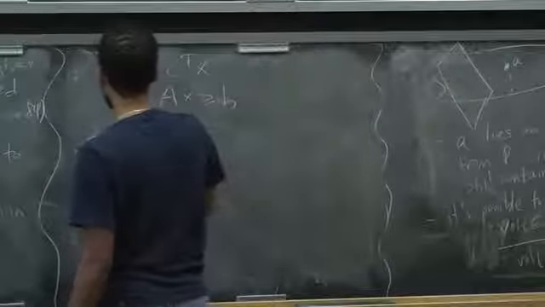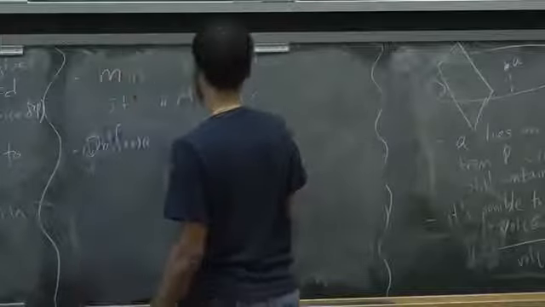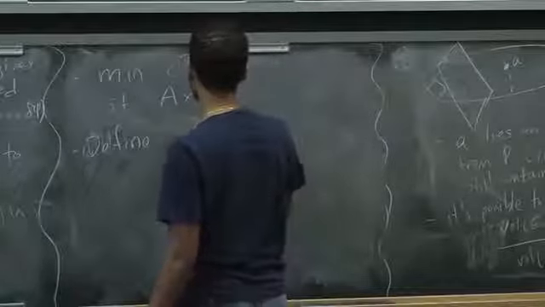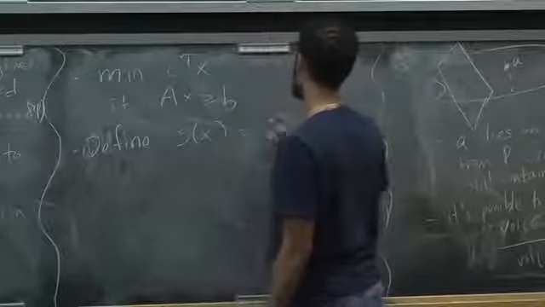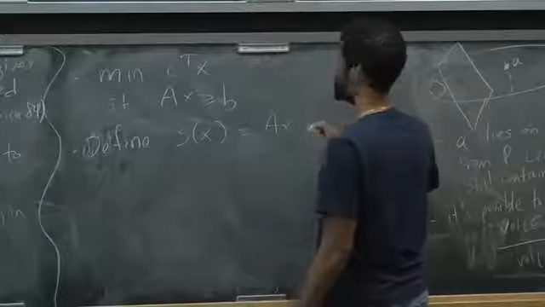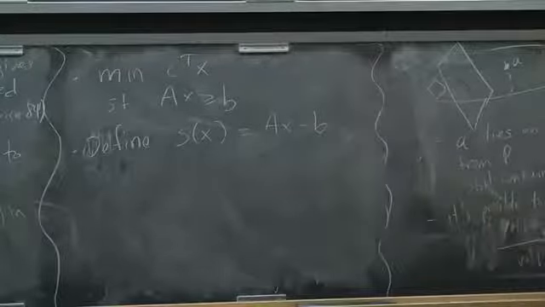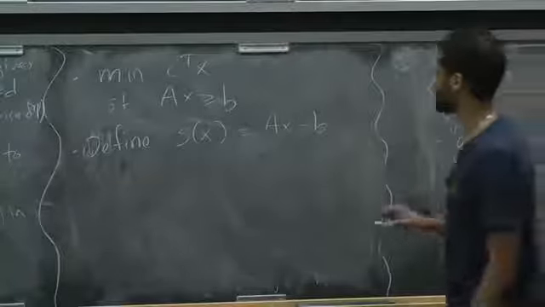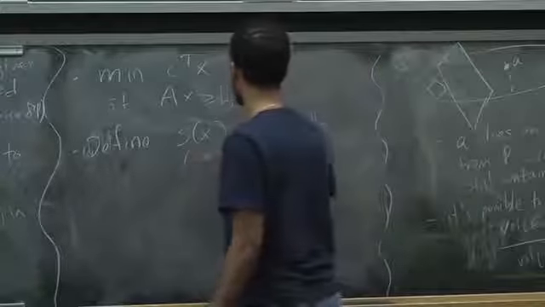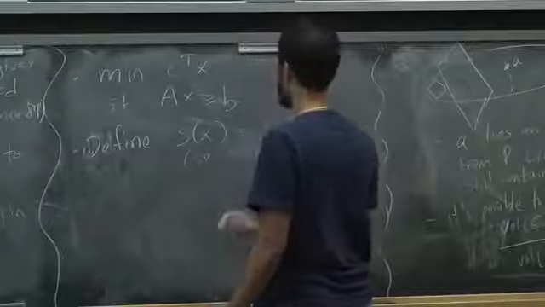Define the slack vector S(x) to be Ax minus b. So for any feasible x, this thing is non-negative.